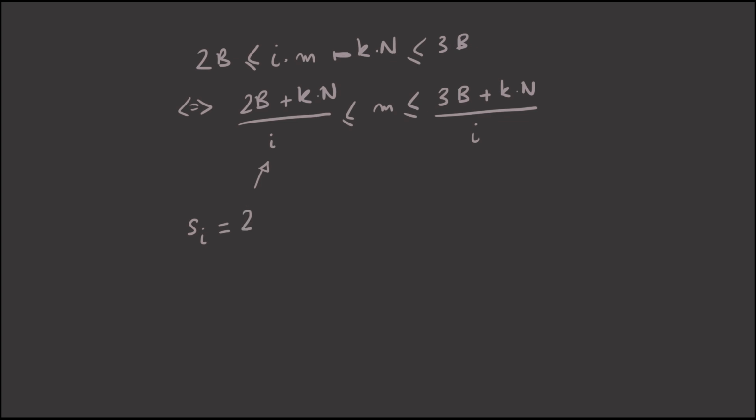I want it to be equal to 2 times the previous I, which is called SI minus 1 in Bleichenbacher's paper. And by replacing this formula, it gives us a bound on K.